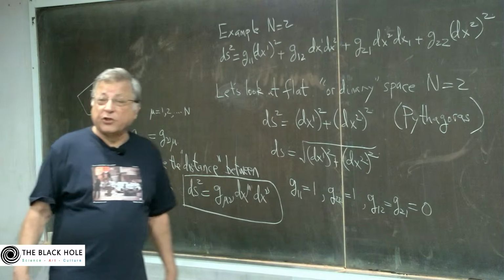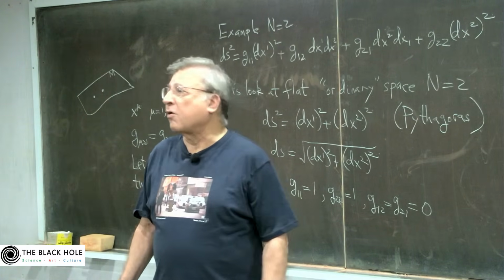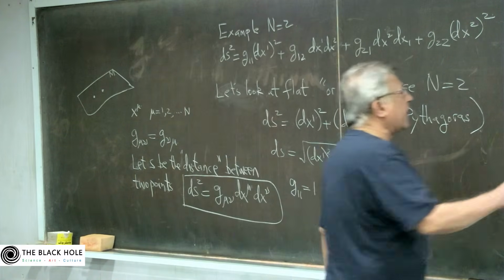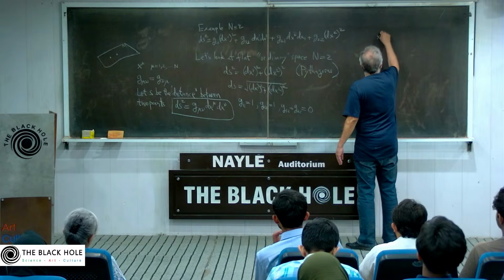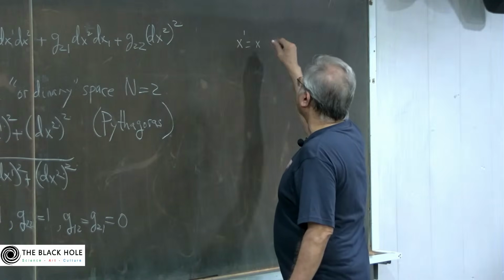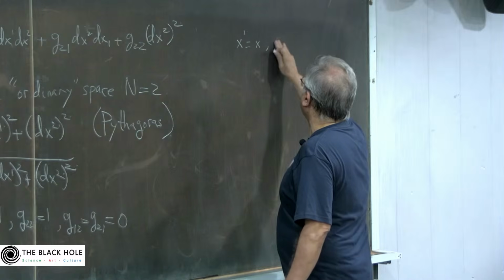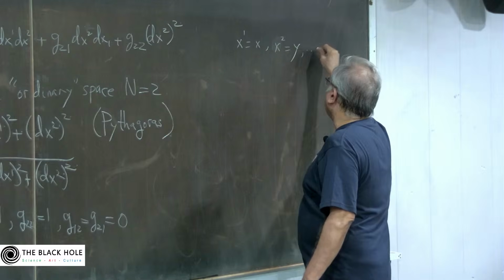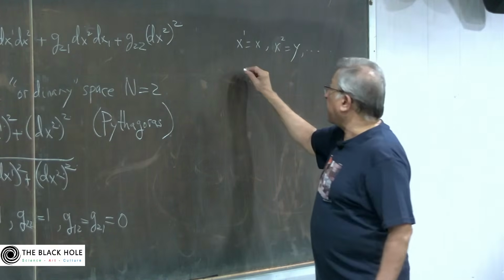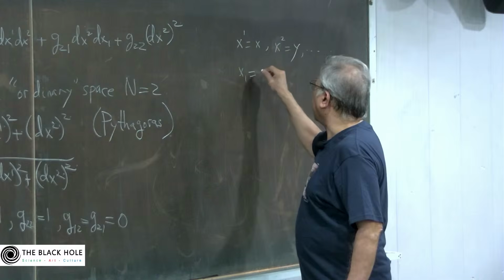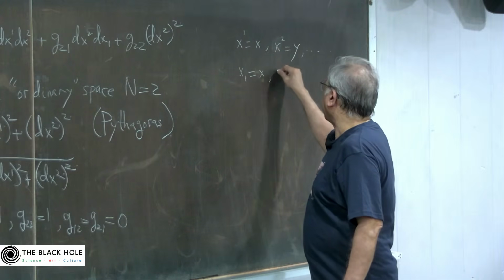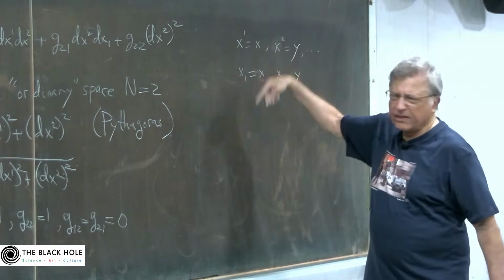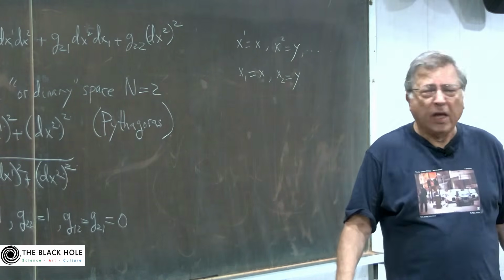But when we do general relativity, it will make all the difference in the world whether it is up or down. So presently, what we have is x1 is x, x2 is y, and x3 is z, and so forth.